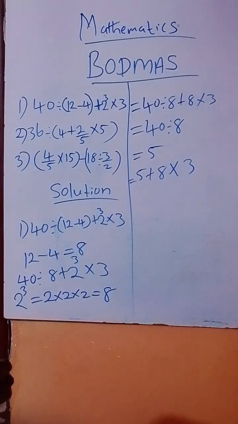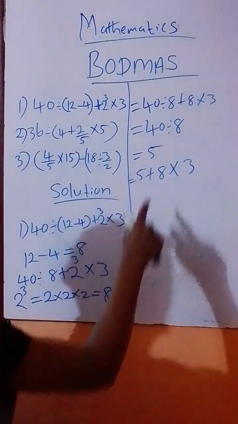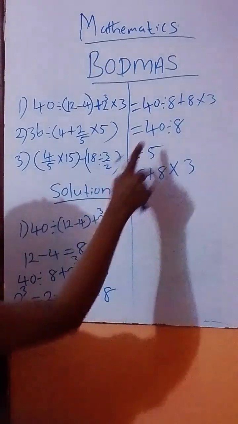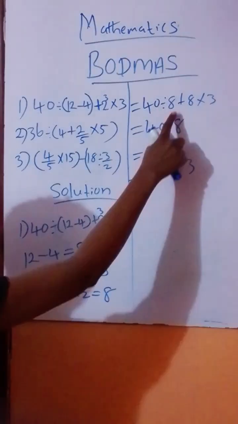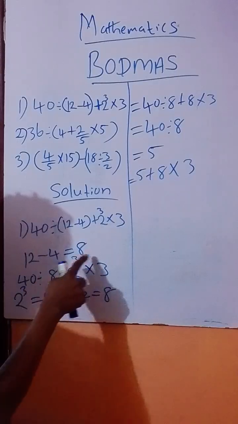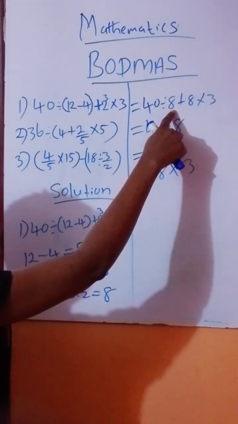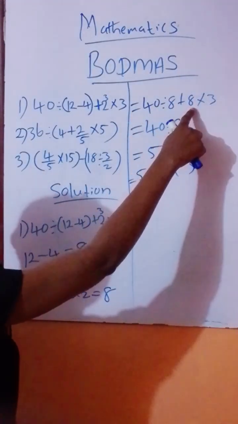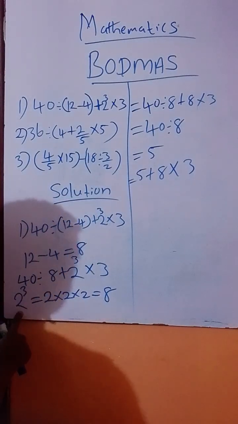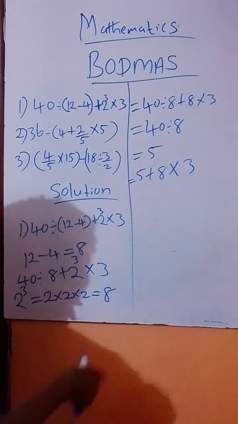I know you might be a little bit confused here. This 40, look at it here. This division, look at it here. This 8 now, we got it from this 12 minus 4, which is 8. This plus 8 again now, this 2 raised to power 3, we multiply 2 into 3 places, which gives us 8.